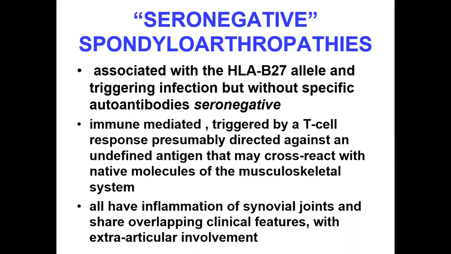They are immune mediated, triggered by a T cell response directed against an undefined antigen that may cross-react with native molecules of the musculoskeletal system. So all have inflammation of synovial joints and share overlapping clinical features with extra-articular involvement.